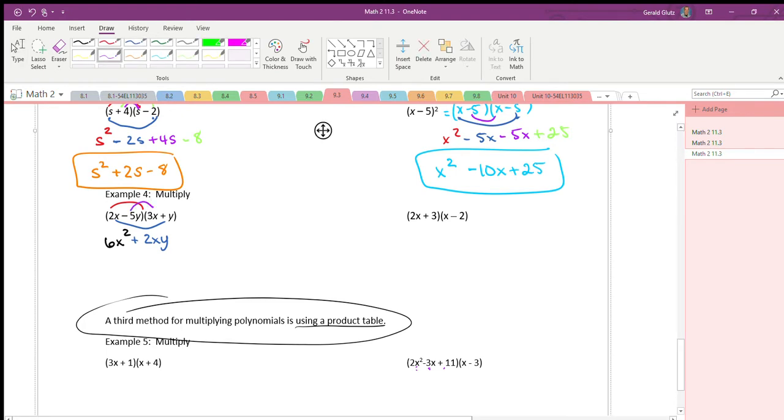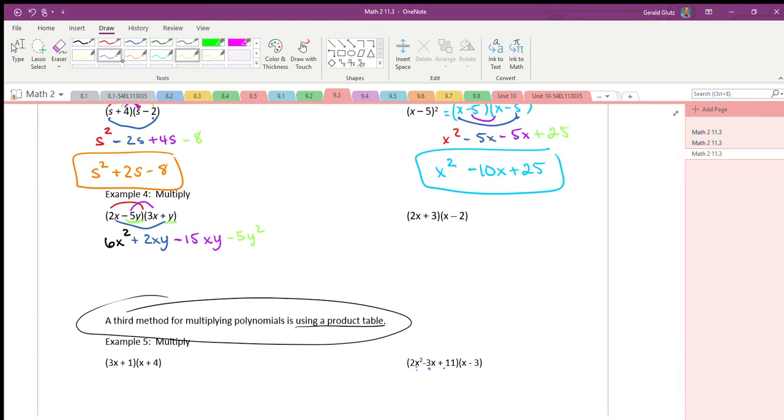So negative 5y times 3x. So negative 5 times 3 is negative 15. X times y is xy. And then the last number is negative 5y and y. So negative 5y times y would be negative 5y squared.